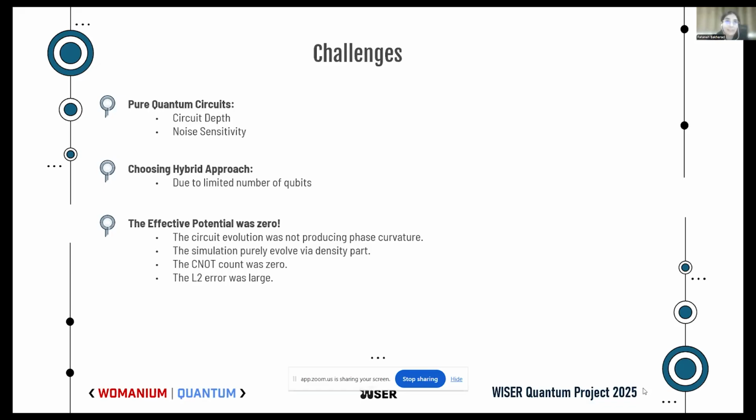Another challenge was that the evolution of the circuit was not producing any phase at first, a phase curvature. So the quantum potential was purely zero at every step. That resulted in the simulation evolving purely with the density part, and the CNOT count was zero, and the L2 error was huge.